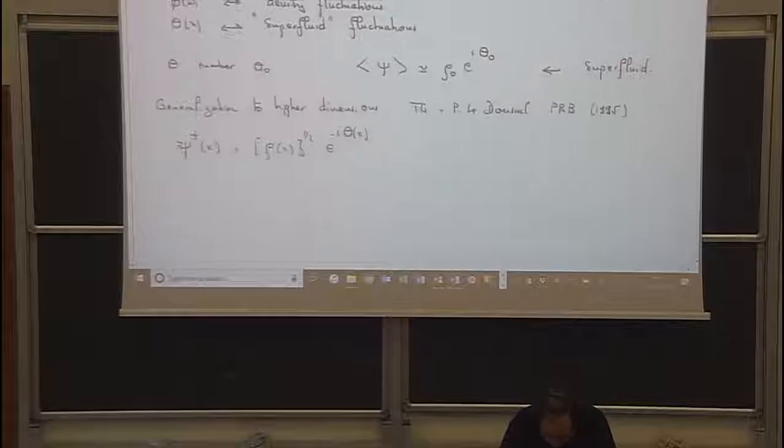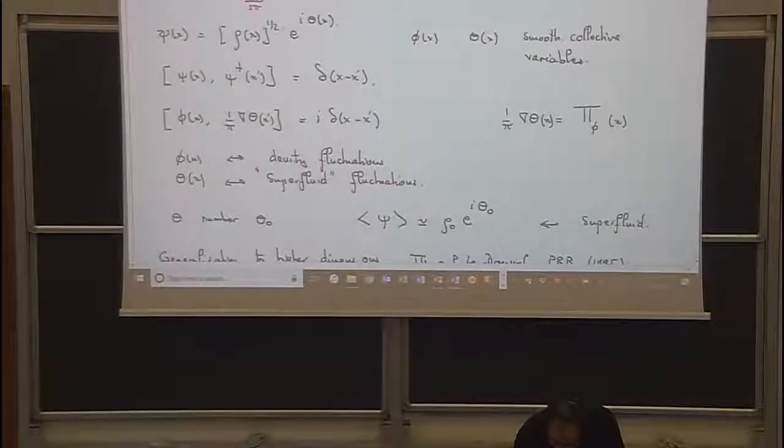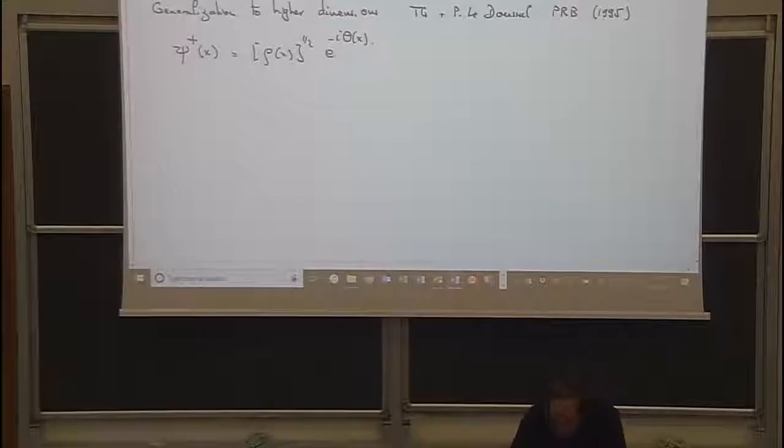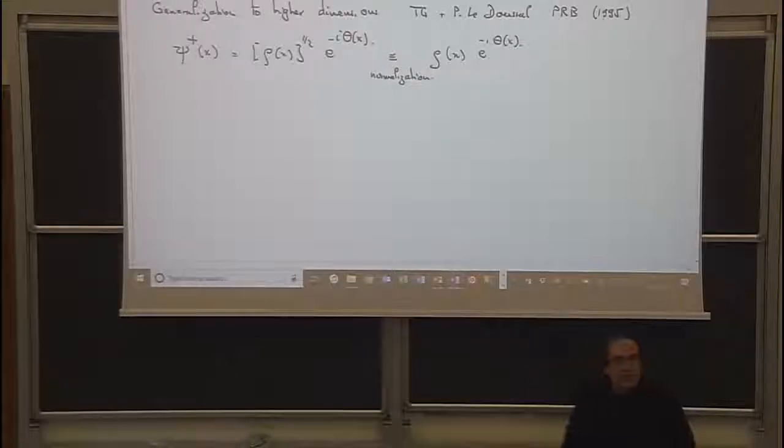So I want phi of x and theta of x commutator at the same point to be 0. And I can always do this. You're perfectly correct. So what I'm saying is that this is essentially up to normalization rho of x exponential of minus I theta of x. And we'll come to the normalization in a moment.